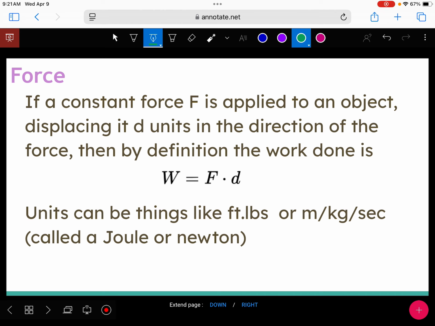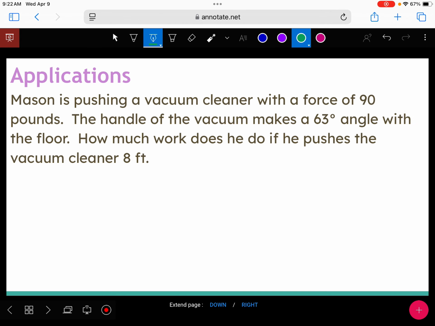Alright, so what we're gonna do is start by trying to write vectors for the situations, which will help you draw them. There we go. Scissors and glue sticks. Mason is pushing you there.